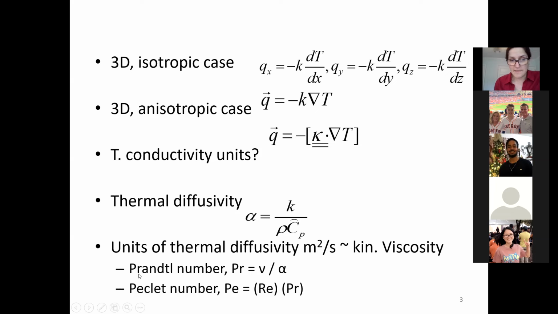The Prandtl number is the kinematic viscosity, which is also in units of meters squared per second, divided by alpha. So this is a dimensionless number, and the Peclet number is the Reynolds number times the Prandtl number. These are the numbers that tell me what the dominant mode of transfer is.